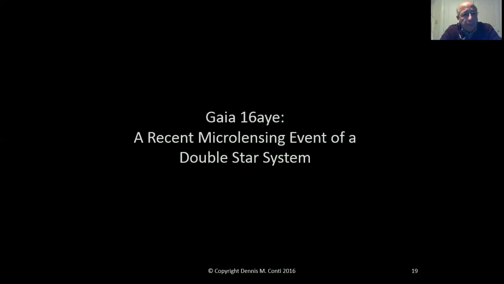There was a notice that went out recently. Gaia is, as some of you know, the survey that has just been completed. In fact, it's the latest and greatest survey of millions of stars. And one of the things that Gaia is doing also is seeing if there's any change in the magnitude of stars, which might indicate the beginning of a microlensing event.